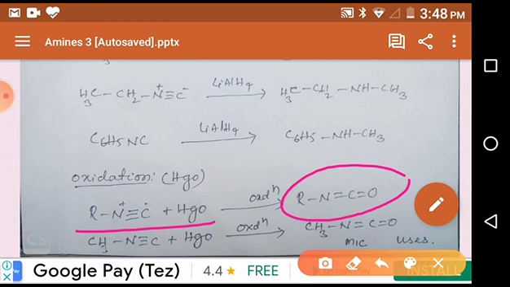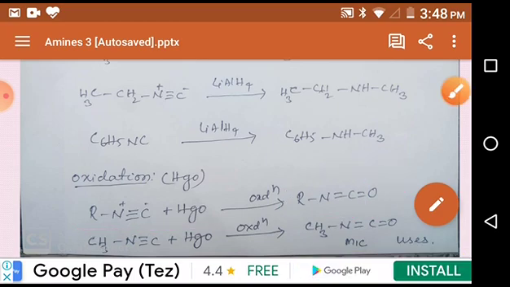So, in general, isocyanides on oxidation reaction. Why oxidation reaction? In this reaction, one atom of oxygen is added to the isocyanide. So this is the oxidation reaction.